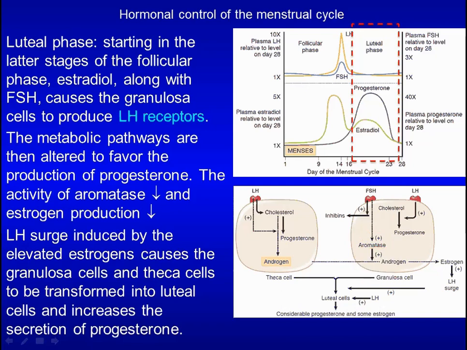Finally, luteinizing hormone surge that occurs at ovulation drives both theca cells and granulosa cells to produce a large amount of progesterone. These cells are now transformed into luteal cells.